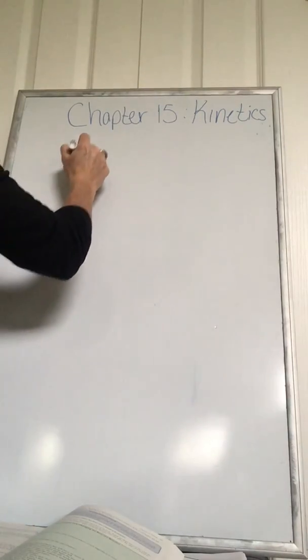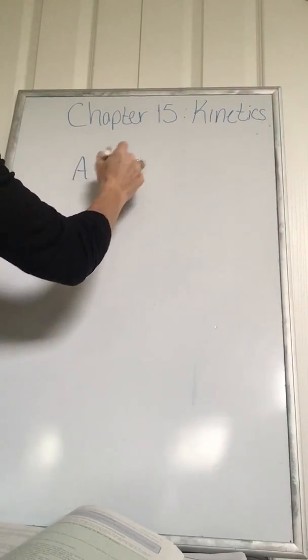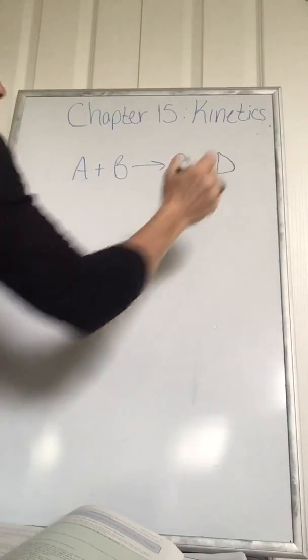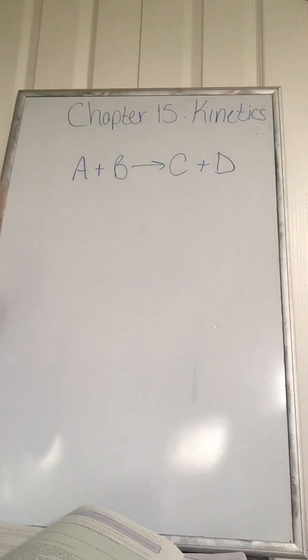So I'm going to give myself more room to be able to do this. Again, kinetics is just the study of the rate that a chemical reaction happens. The way that we calculate the rate is if we have a reaction A plus B reacts to produce C plus D, how do we calculate the rate that reaction happens?